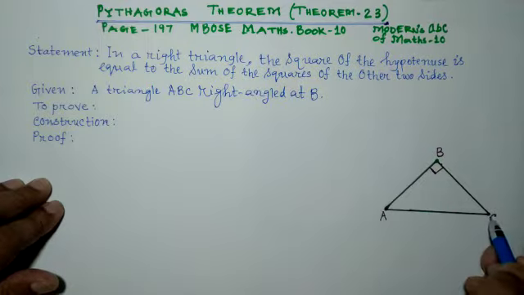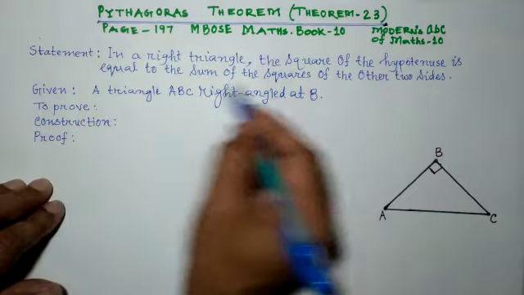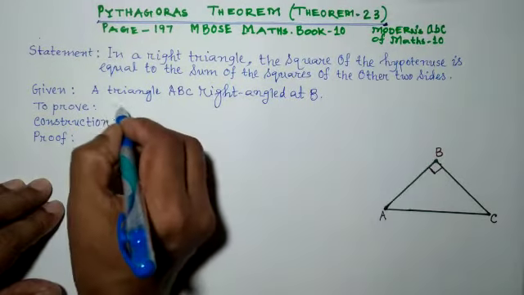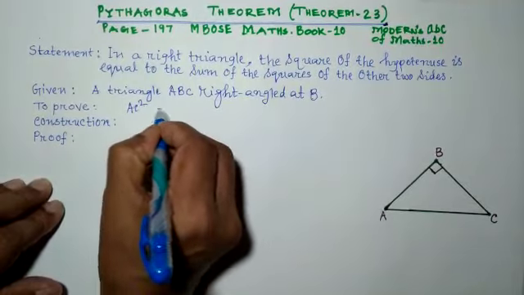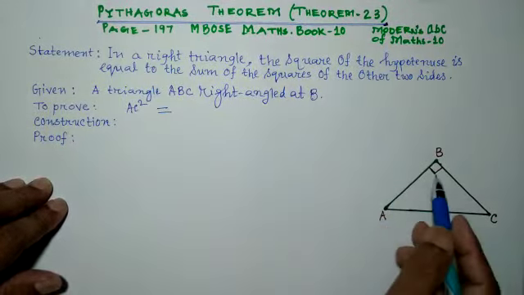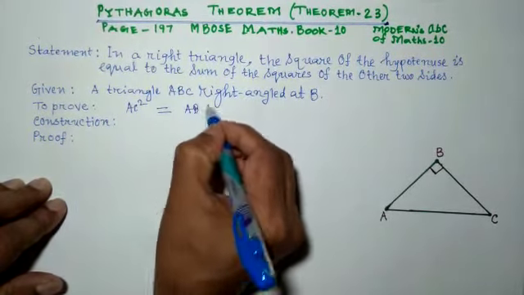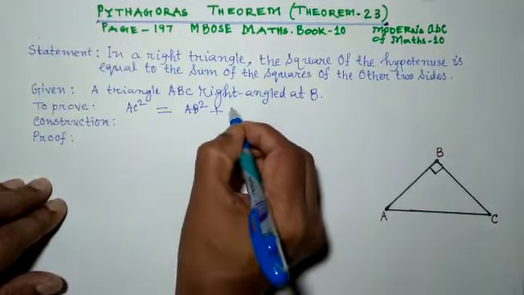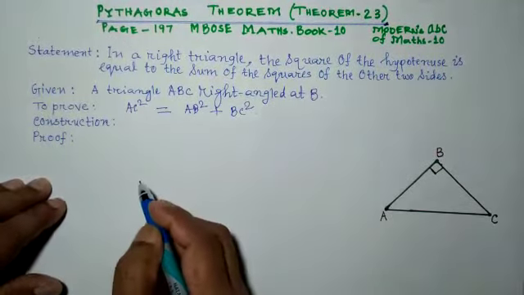So hypotenuse is AC. So to prove the square of the hypotenuse, it means AC square is equal to the sum of the squares of other two sides. Other two sides are AB and BC. So it will be AB square plus BC square. This is sum of the square of other two sides.